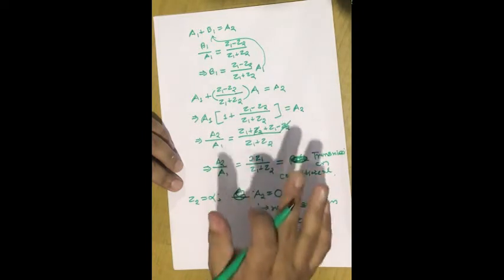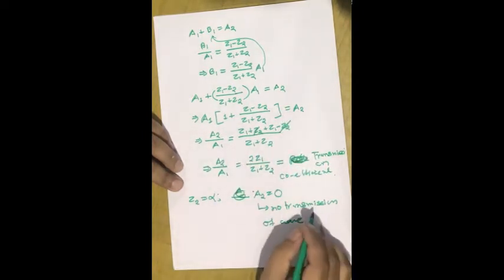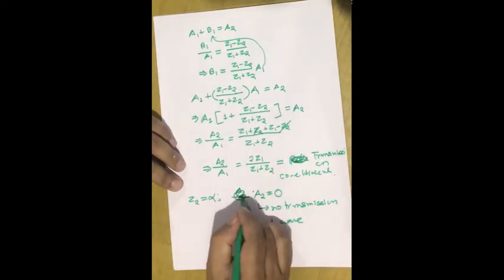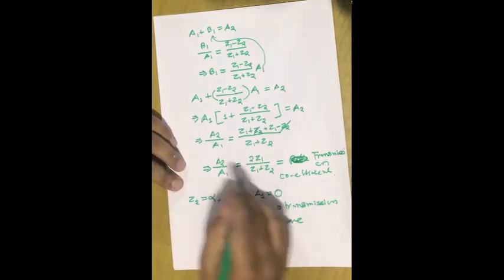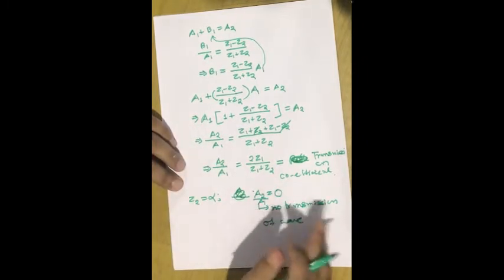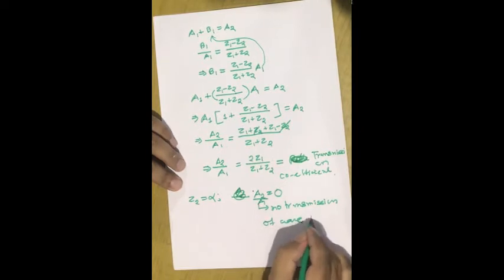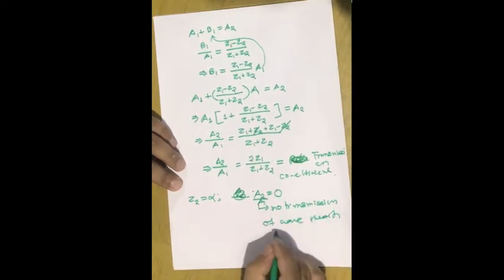That means the wave cannot transmit through that medium at all. So we have derived A2 by A1 is equal to 0, that is, no transmission of wave through that medium.